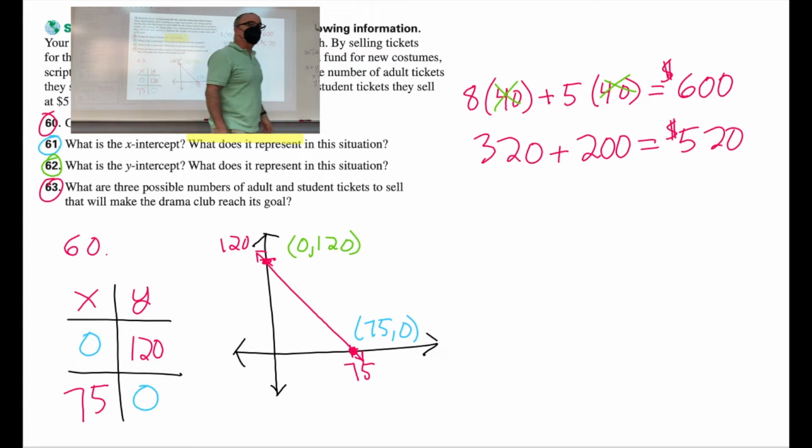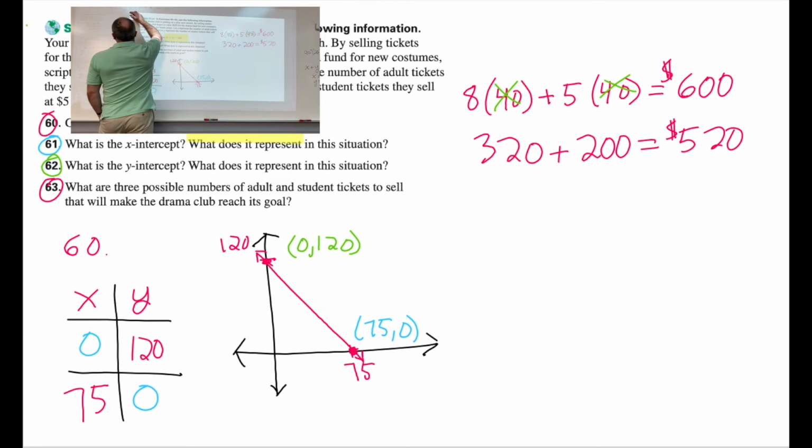Reed, what's another one? Basically, wouldn't it still work if we just up the amount of adults? I was aiming for 400 plus 200. Okay, so 8 times what would get you 400? 8 times 50.